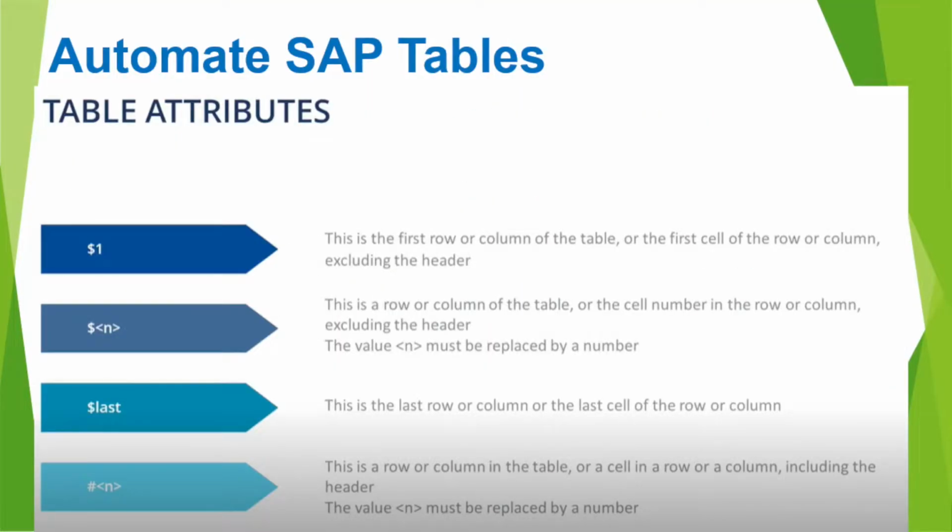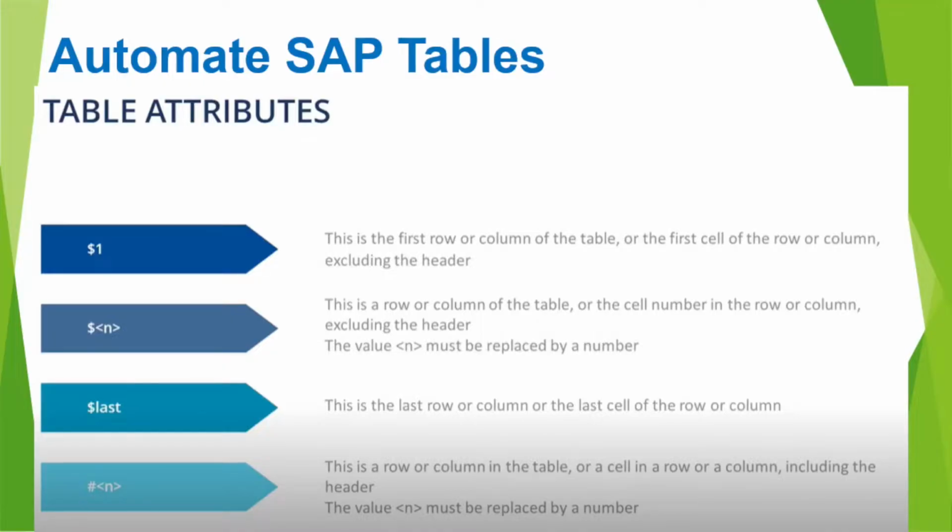And if you want to understand the table attributes, if you see on the screen, whenever I specify a row or a column as $1, that means this is the first row or column of the table, or the first cell of your row or column, excluding the header.